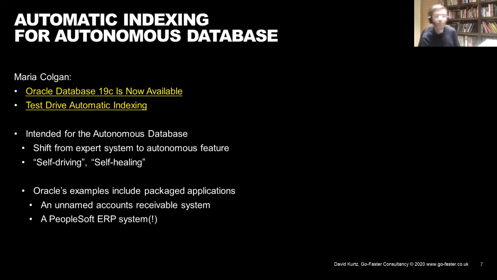Oracle have done a number of presentations. There are various presentations, specifically by Maria Colgan, that you can go out onto the net and find. It's quite clear that they did this as a part of autonomous database. We will look after the database for you. It's a shift from an expert system, we're perhaps used to the tuning advisor, to an autonomous feature.